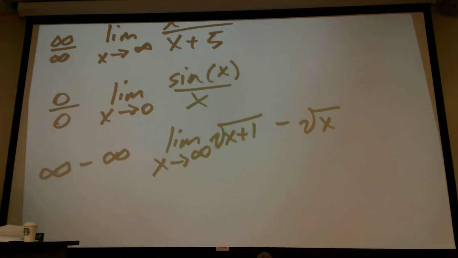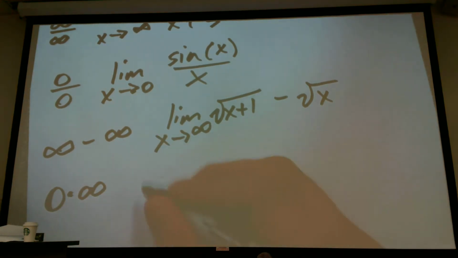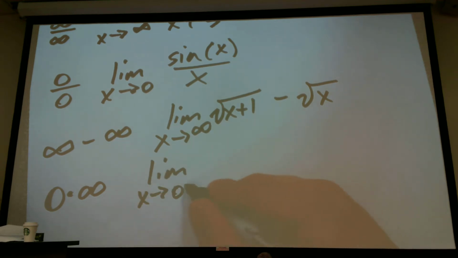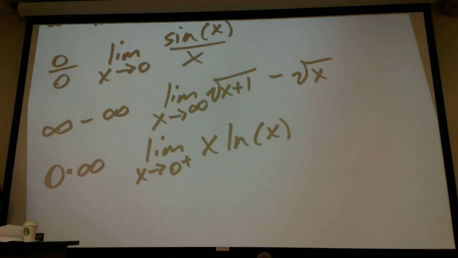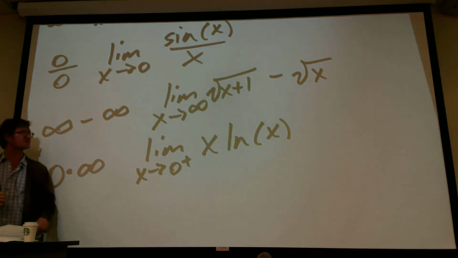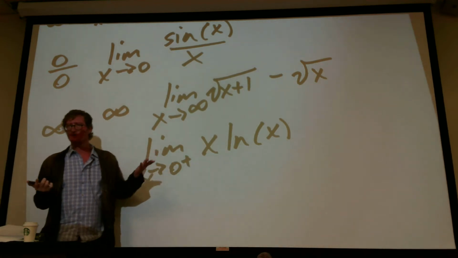Or let's say we have something that looks kind of like 0 times infinity. So that would be the limit as x tends towards 0 from the right of x times the natural log of x. Now, if we send the limit as x tends towards 0 from the right, well, x is just going to tend towards 0.